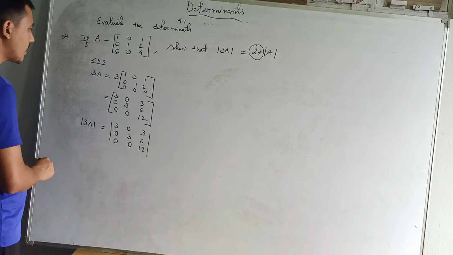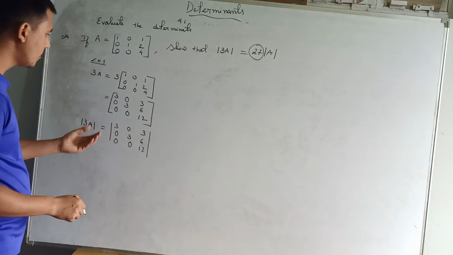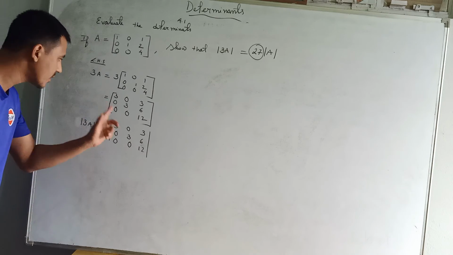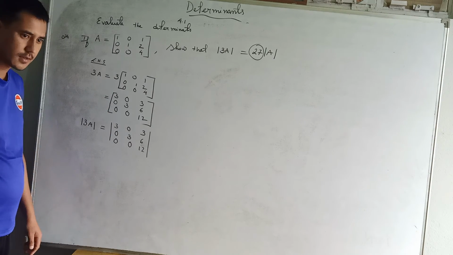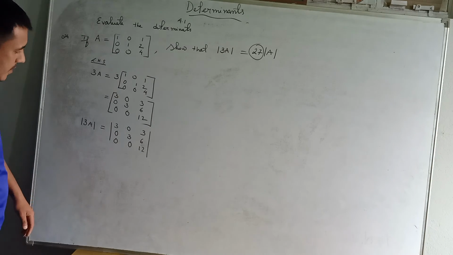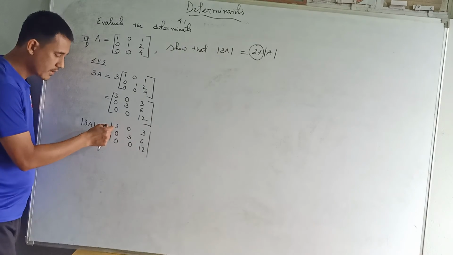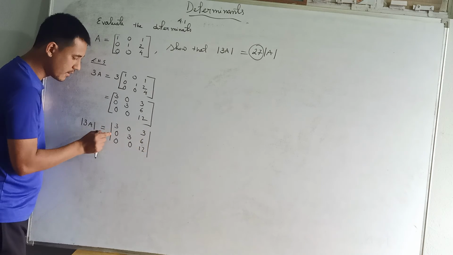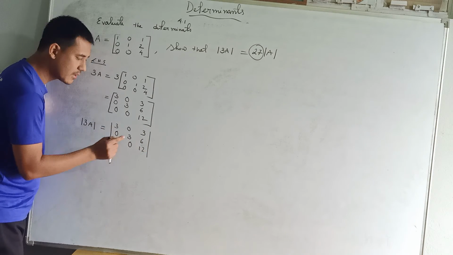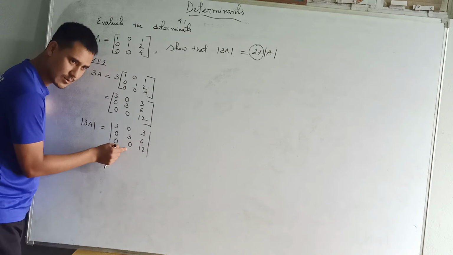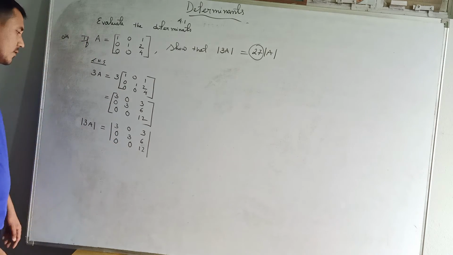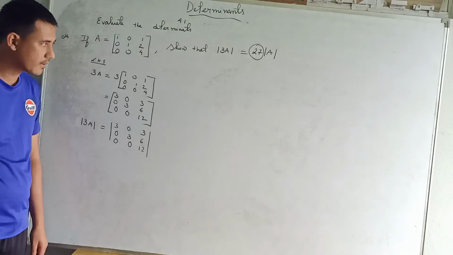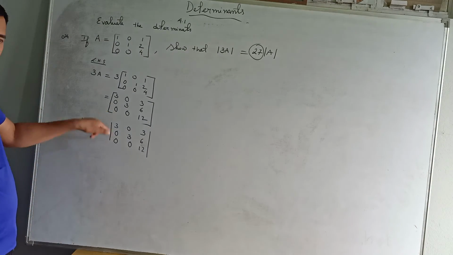Alright? We can expand along which column or which row has more zeros. We expand along that. So which column or row has more zeros? Row 1? No, row 1 has only one 0. Column 1 has 2 zeros. Column 2 also has 2 zeros. So it will be easier if you expand along column 1 or column 2. For me, I want to expand along column 1.